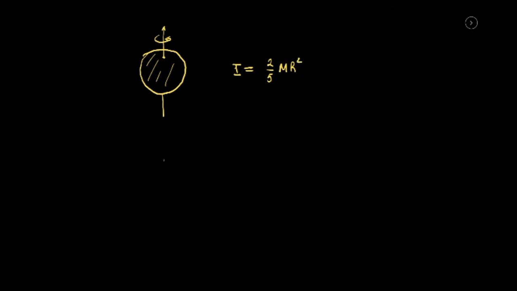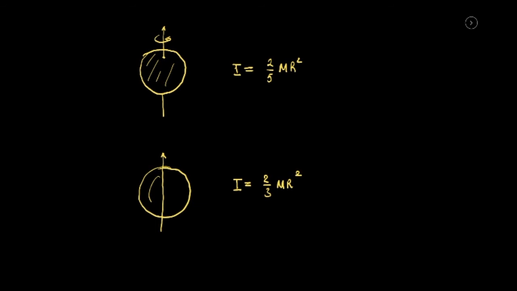And if we consider a thin sphere, this is a thin spherical shell, and it would have 2 divided by 3 m r squared.